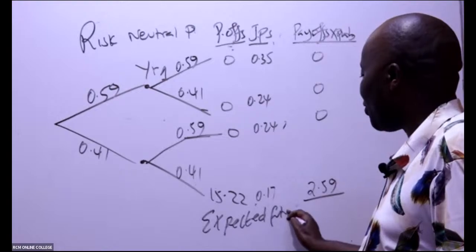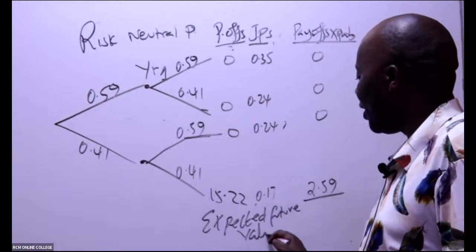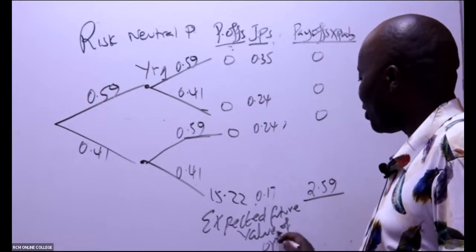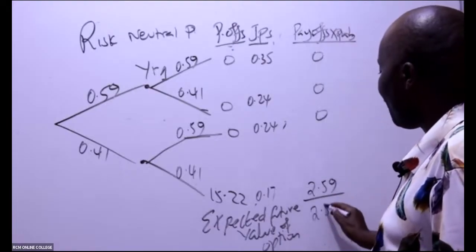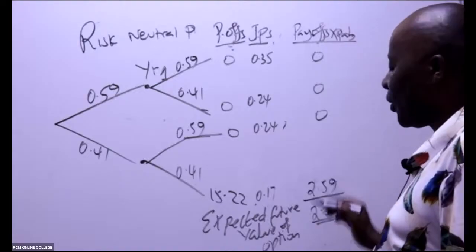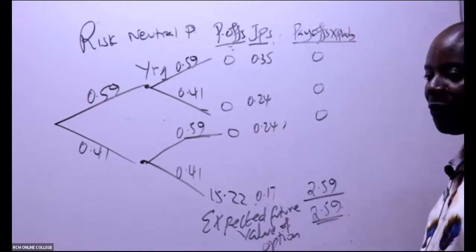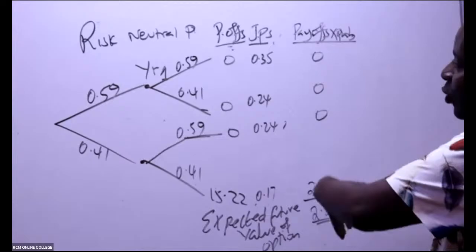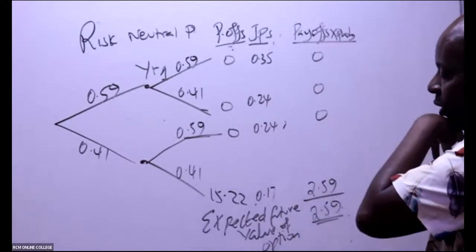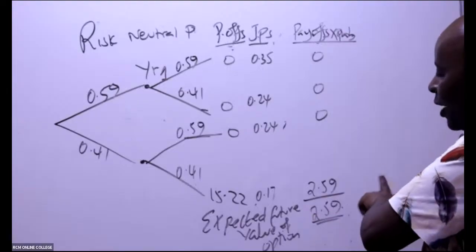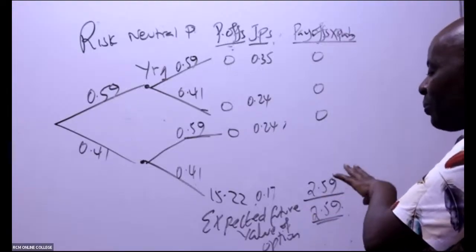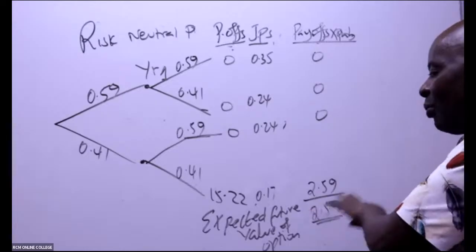So what is the expected future value of the option? You add everything: 2.59. We are lucky here because most of the others were zeros. So the expected future value of the option is 2.59. But you want the present value using the binomial tree.